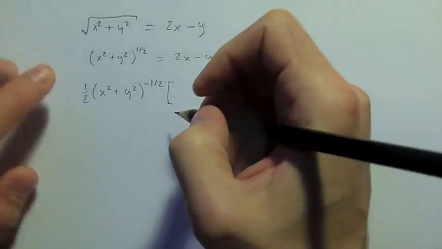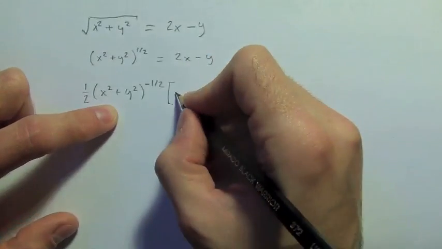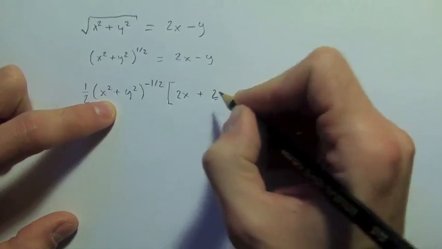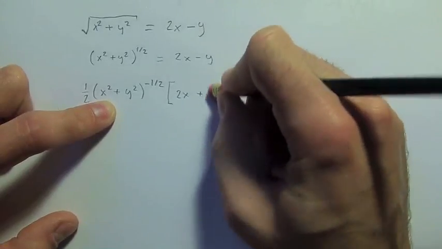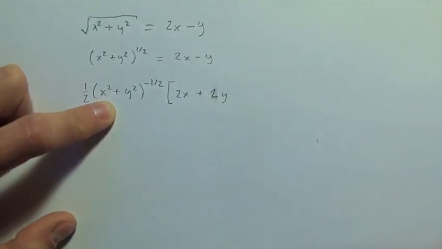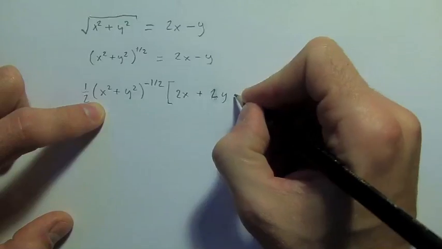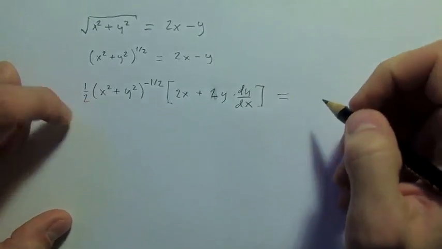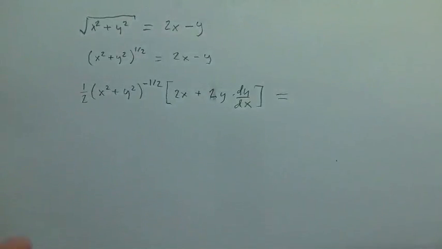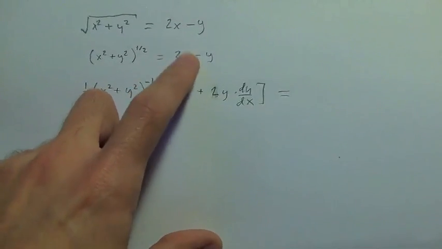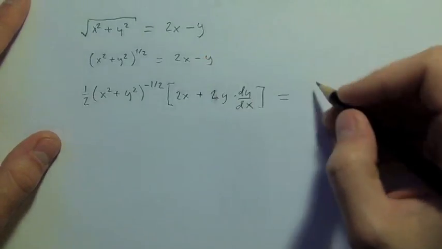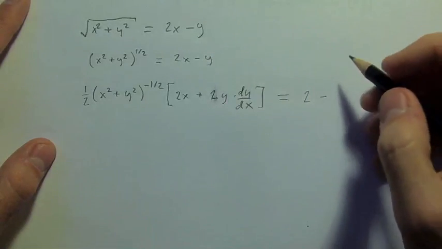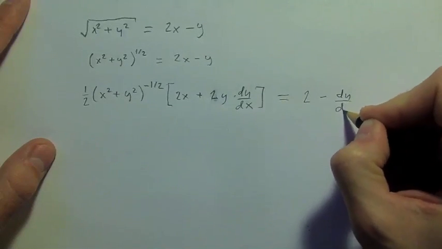Then times the derivative of the inside, and the derivative of the inside will be 2x plus 2y, but since I'm taking the derivative of a y term, I've got to multiply by a dy over dx. And on this other side, right, I'm going to say that this is just 2 minus, well, the derivative of y, which is just dy over dx.